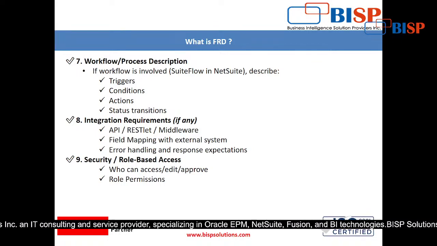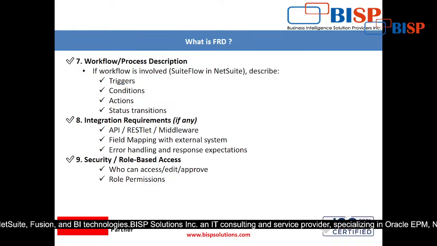Field mapping with external system. Now field mapping is an Excel sheet in which you map one field corresponding to another field. For example, in QuickBooks, like customer name, only the name will be taken as an ID, right?